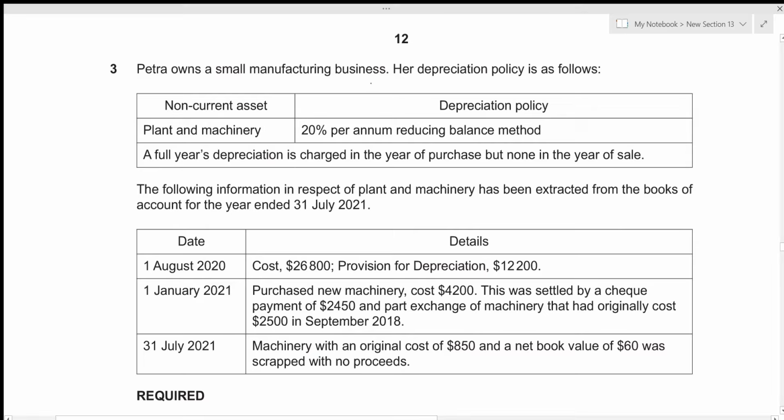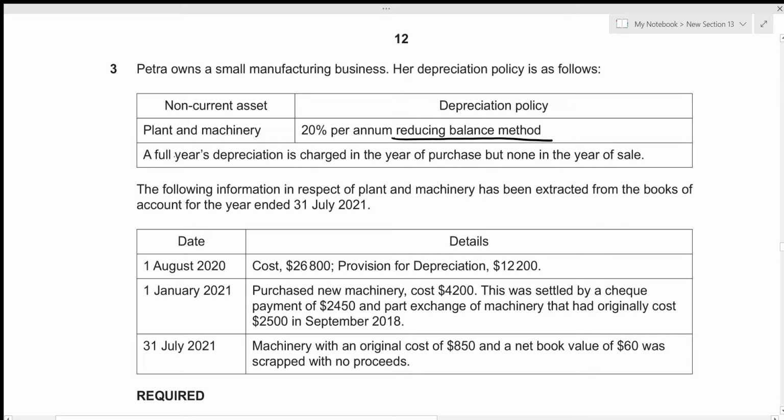Petra owns a small manufacturing business and her depreciation policy is as follows. So we're given the non-current asset, plant and machinery, and the depreciation policy is 20% per annum using the reducing balance method. So under the reducing balance method, we charge the depreciation rate of 20% to the net book value, which is the difference between the original cost and the provision for depreciation.